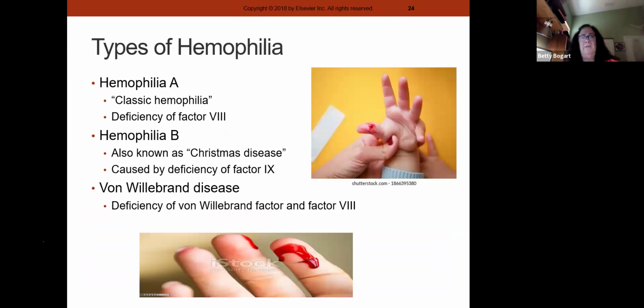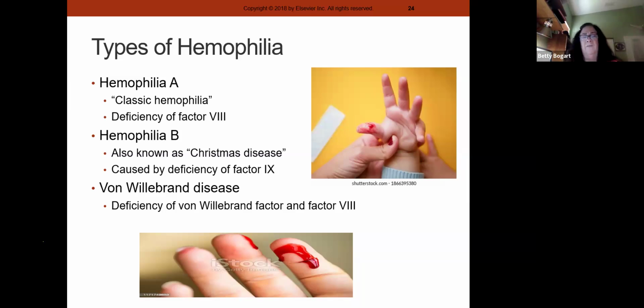And why are there different types? Well, if you look at what clots blood, it's many different things, many different factors, your platelets and other stuff, right? So when you don't have that factor 8, it's called hemophilia A. That's the most common of all of them. Then if you have factor 8 but are missing factor 9, it's Christmas disease or hemophilia B.